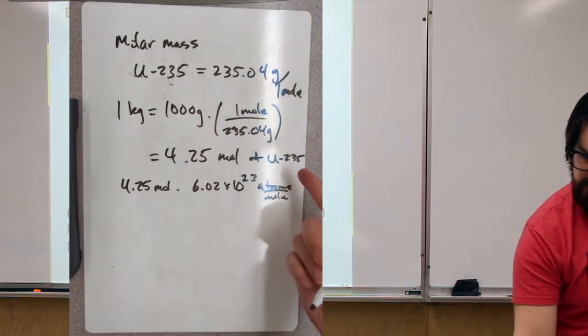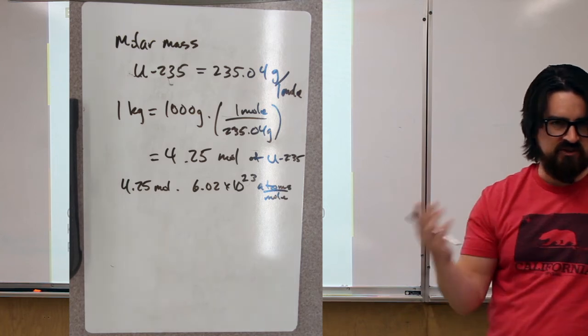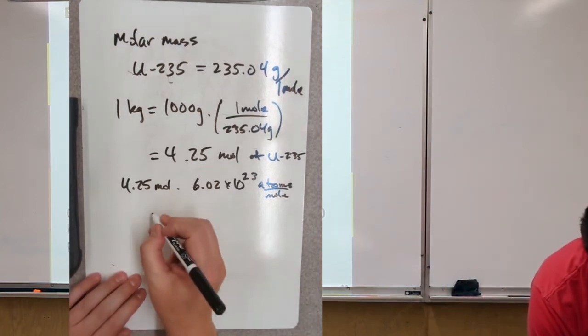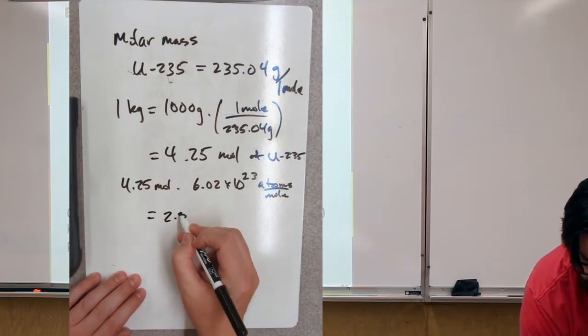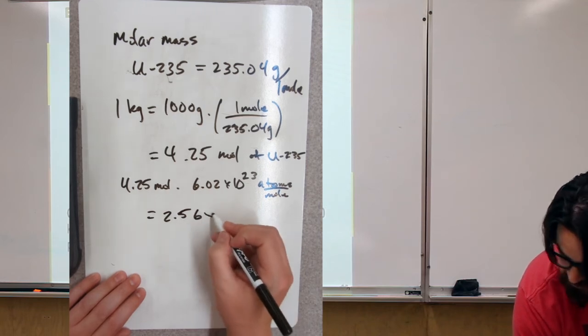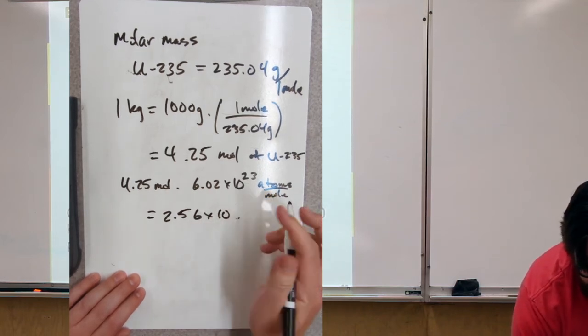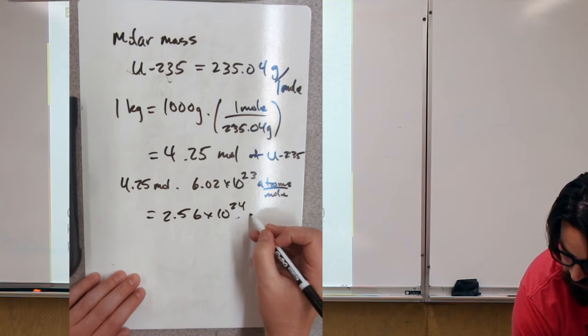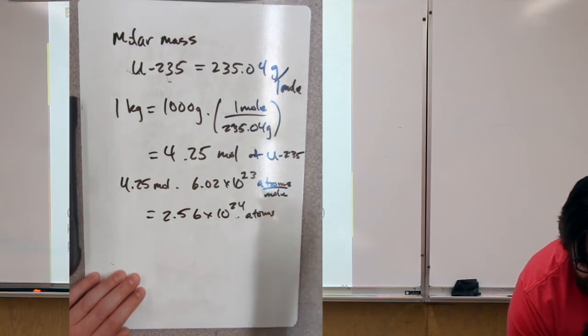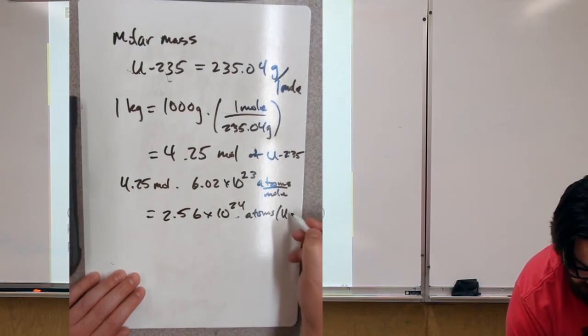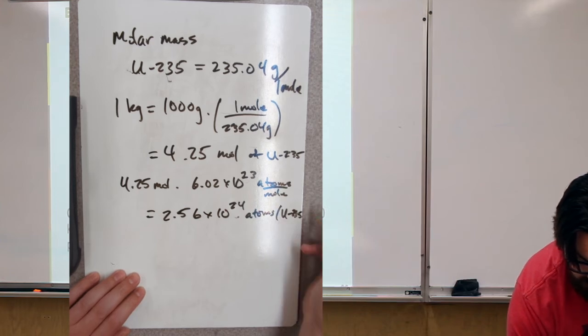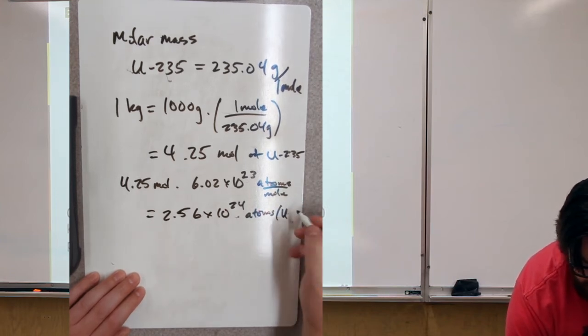And particularly we're talking about uranium-235, but Avogadro's number doesn't really care. Turns out this is 2.56 times 10 to the 24th atoms. And remember, we're talking about that uranium-235.